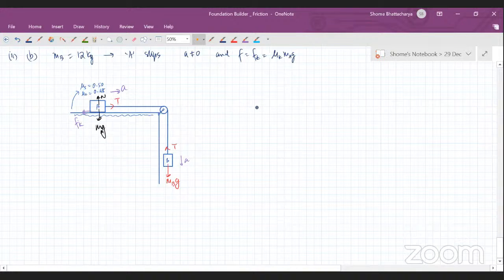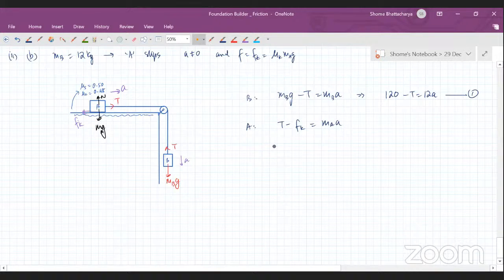So for the B, we will have weight minus tension is equal to mass into acceleration. So we'll have 120 minus T is equal to 12a. That's our first equation. And for the block A, we'll have T minus kinetic friction is equal to mass into acceleration. Now here, normal reaction will be equal to weight.